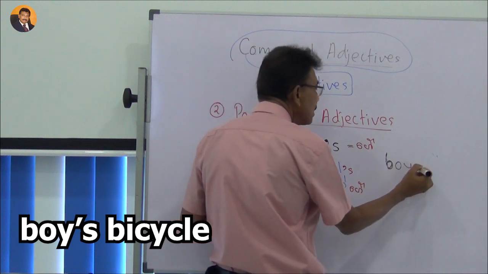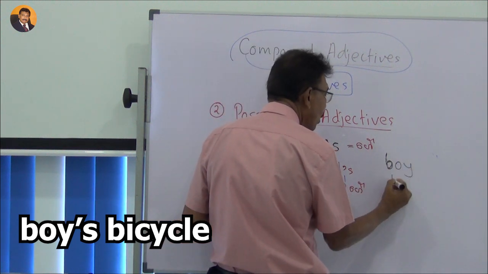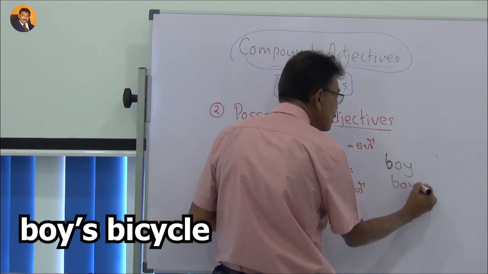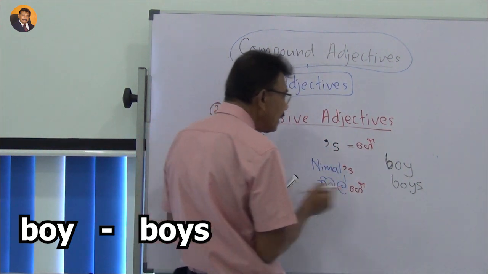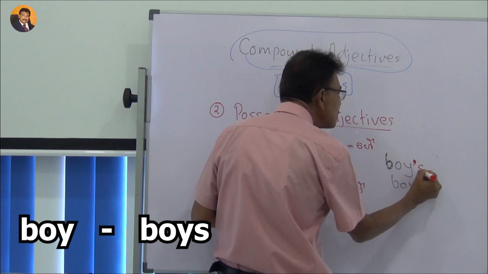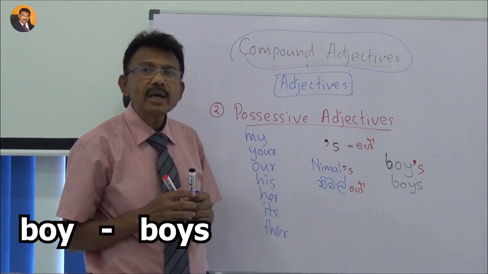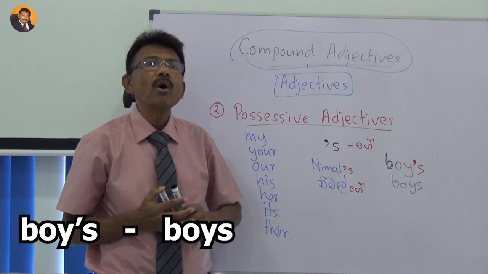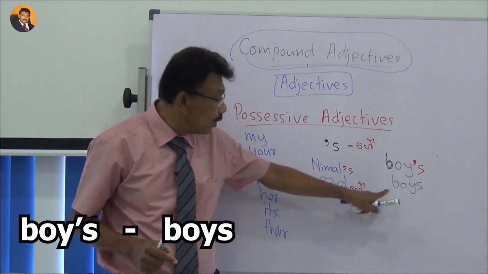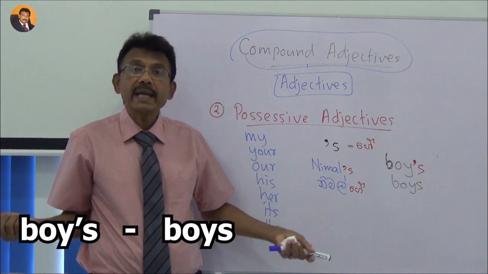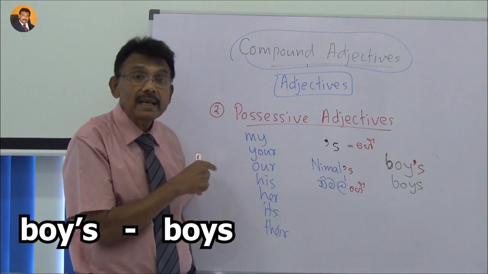Now boy, boys. If something belongs to the boy, we say boy's bicycle, boy's book. But if there are lots of boys, there is a plural s there.